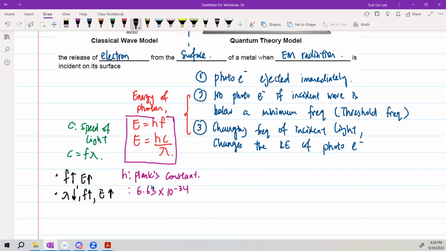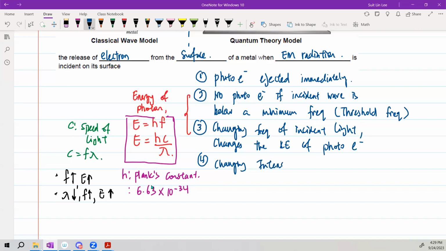Okay. And finally, if you want to increase the rate of emission, maybe I'll just talk about changing intensity.